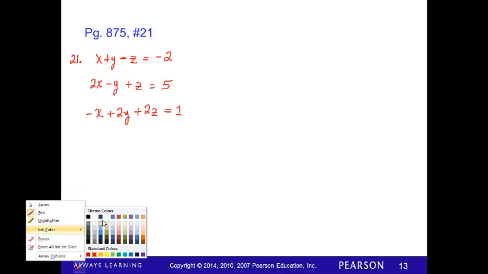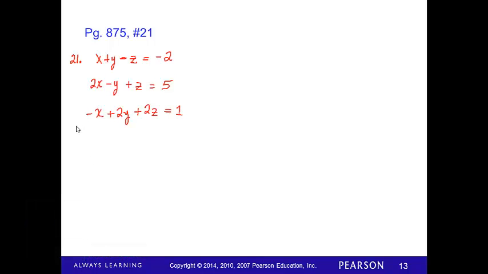So the first thing we have to do is write it using our augmented matrix. So number 1, you need an augmented matrix. You're just going to write the coefficients here. Don't forget you have your vertical bar and then your constants. So the first row is 1, 1, -1.